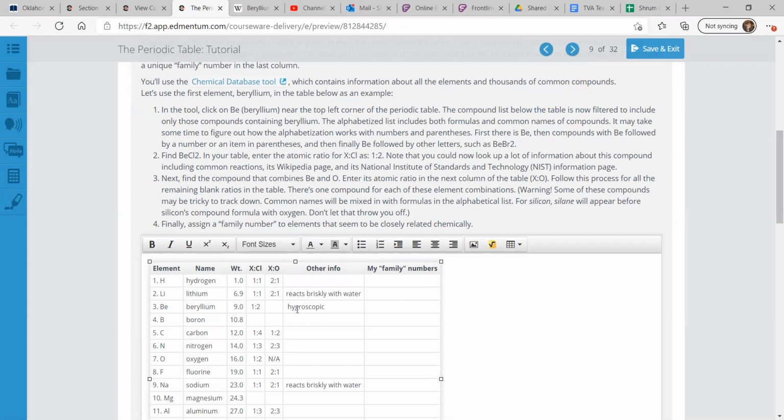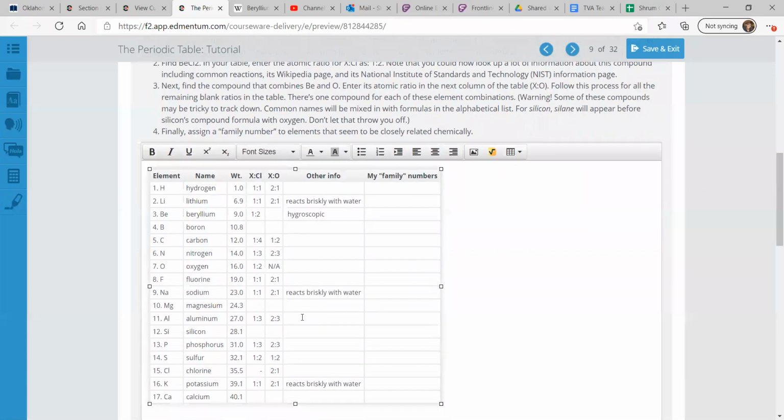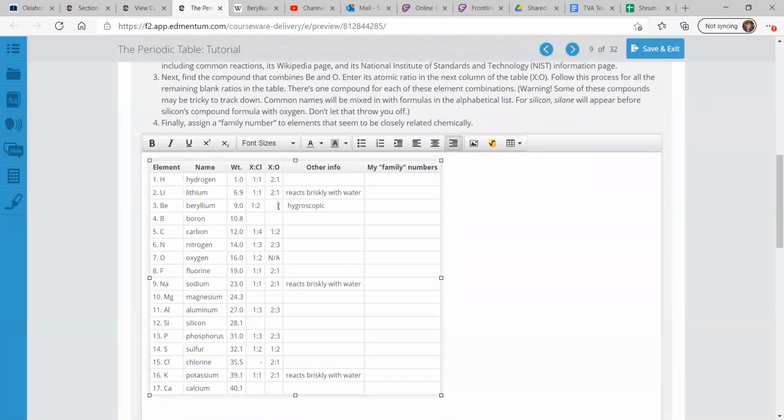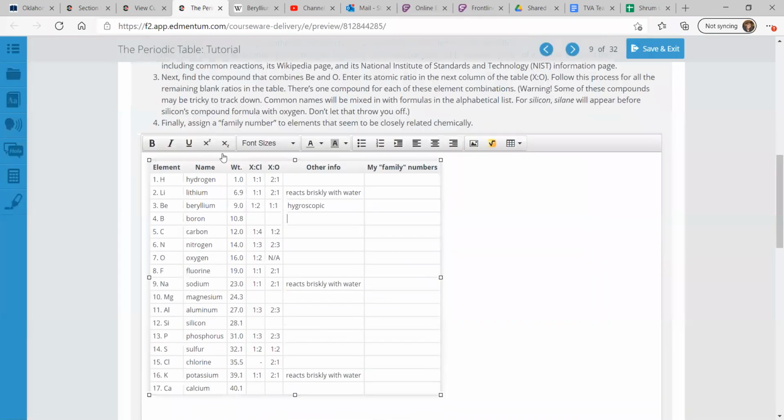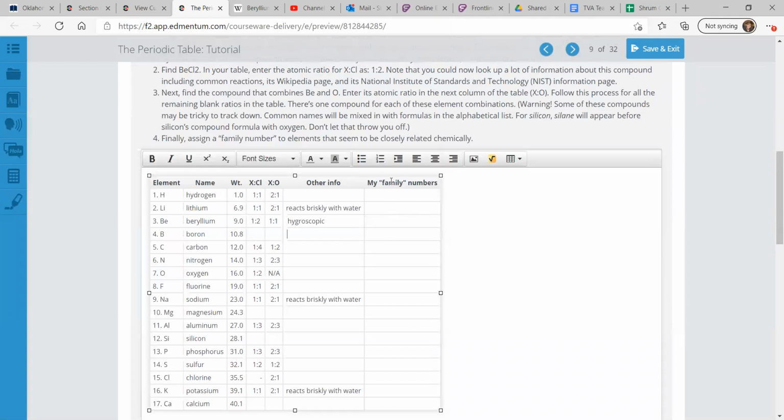Hygroscopic or hygroscopic, however you want to say that. Okay, so you'll click on the element in the table, and then you'll look at the ratio of the element to chlorine, element to oxygen, other info, and then my family numbers.